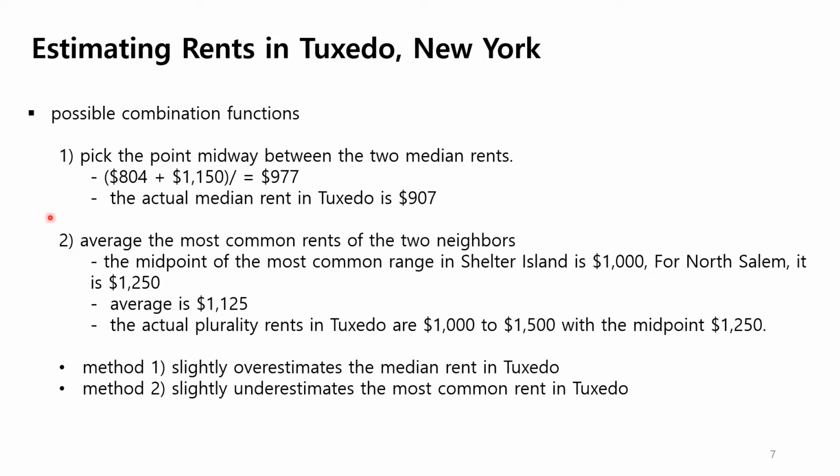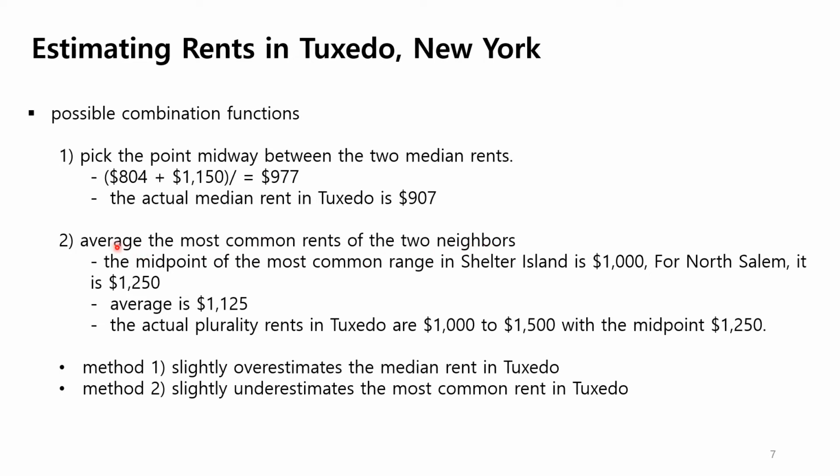The second method we can think of is to look at the distribution of the rent, choose the most common rent, and use those most common rents as our estimate. So we average the most common rent of these neighbors.